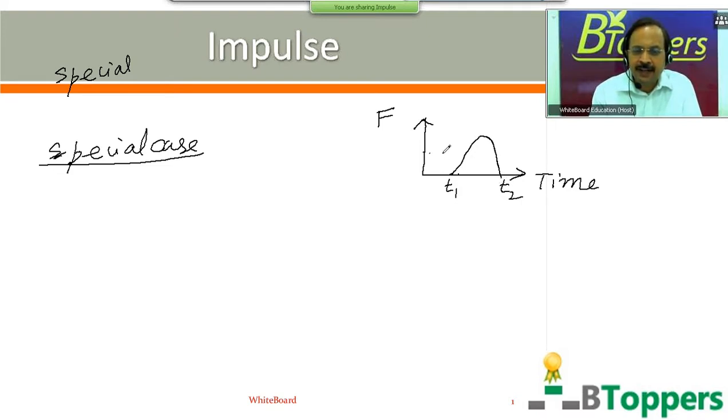If you consider an infinitesimally small interval of time dt, here I am constructing a small elementary rectangle with infinitesimally small breadth equal to dt on the time axis. The force may be nearly constant for that time interval. So the magnitude of the impulse given to the body for the short time interval is F dt. That F dt gives the area of that small elementary rectangle, where the length of the rectangle is equal to F and the breadth is equal to dt.